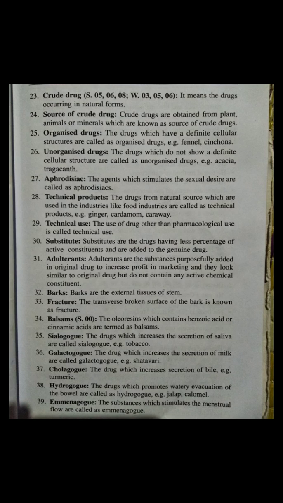Organized drugs consist of cellular organization in the form of anatomical structure. These are mostly the crude drugs from plant source. Almost all morphological plant parts or the entire plant itself can be called organized drugs. And unorganized drug is acellular.